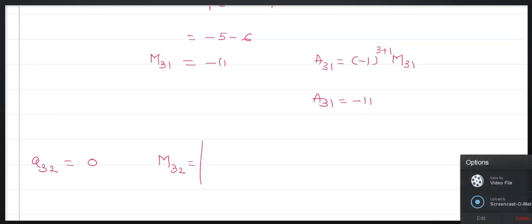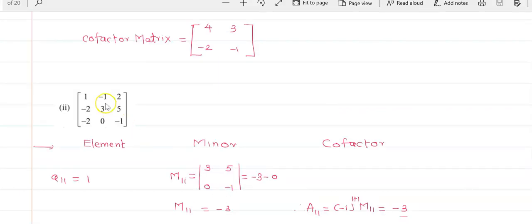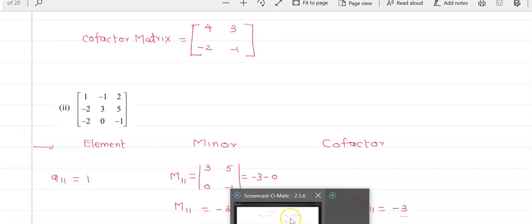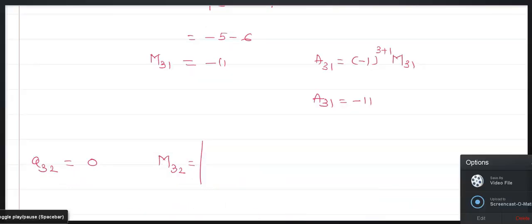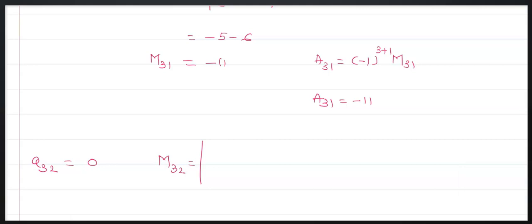Next is A32. Again, I will show you this. A32, how to find it? Delete this element in upward direction and horizontally. Then you will get 1, 2, minus 2, 5. That is, we look straight up and look horizontally. What is left? 1, 2, minus 2, 5.